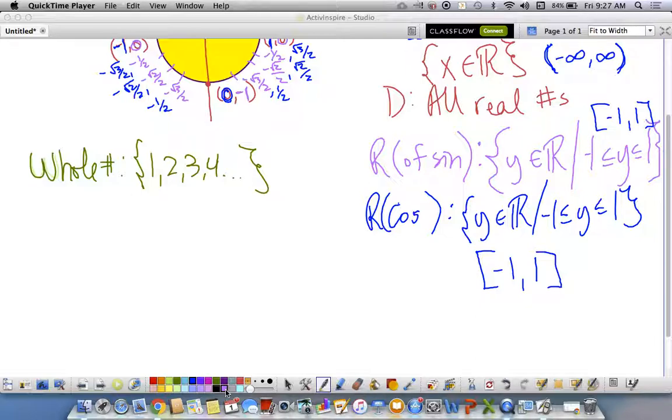It's not bound. There is not an and. The brackets mean it will equal 1, it will equal negative 1, but we are never going to equal infinity.